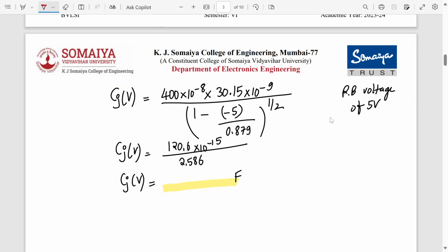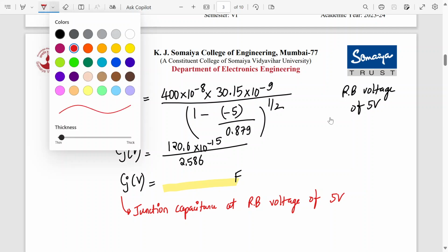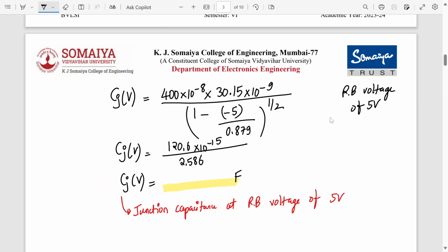So this is called the junction capacitance at reverse bias voltage of 5 volt. Alright. How much is the value? Quickly tell.